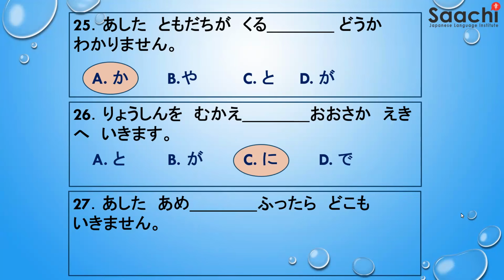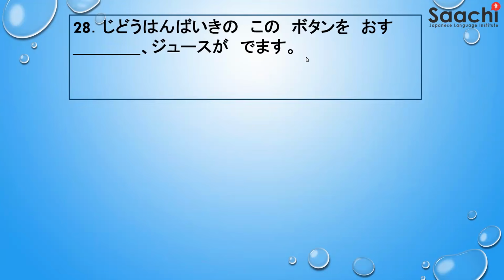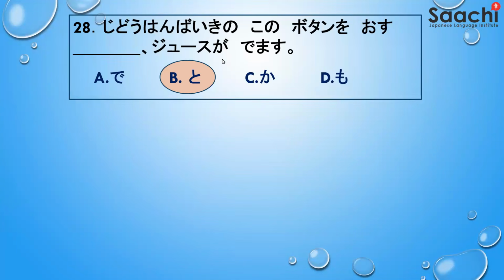明日雨降ったらどこも行きません。答えは雨が降ったら。If it rains. So, any natural phenomenon, the particle is が、雨が降ります。自動販売機のこのボタンを押すジュースが出ます。このボタンを押すと、so と is "if", which means when you press the button, 自動販売機のこのボタンを押すと、if you press, the result is inevitable. ジュースが出ます。Juice will come out.